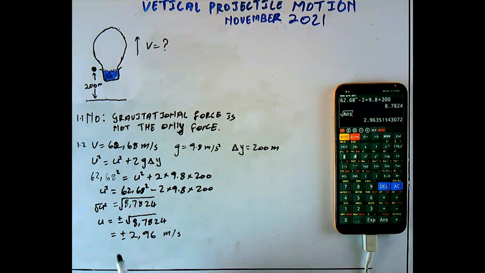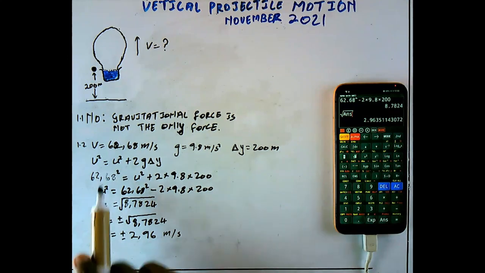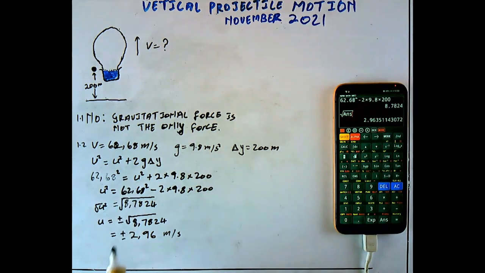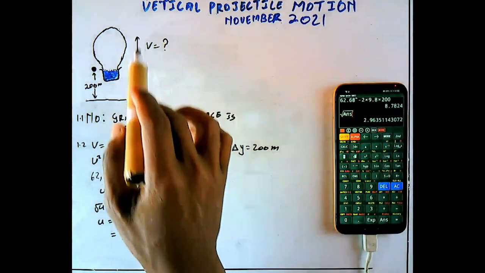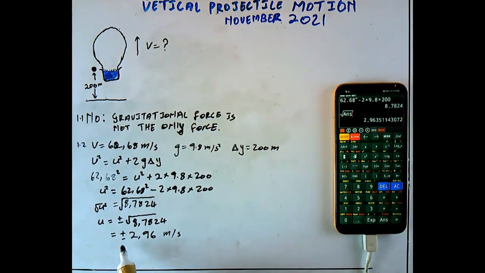Because when something goes up, we say it's negative, the upwards direction is negative, and the hot air balloon is moving upward. So here we are taking the negative answer. That means the answer is negative 2.96 meters per second. This negative represents the upwards direction.